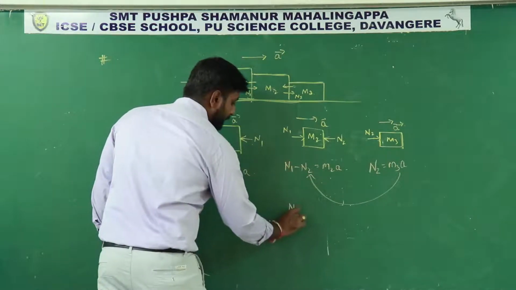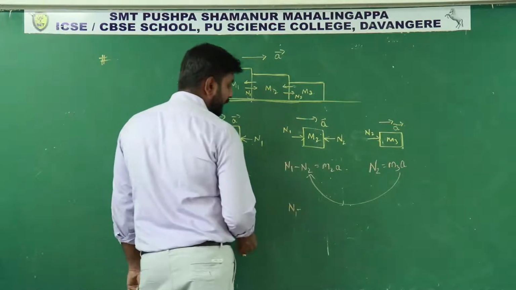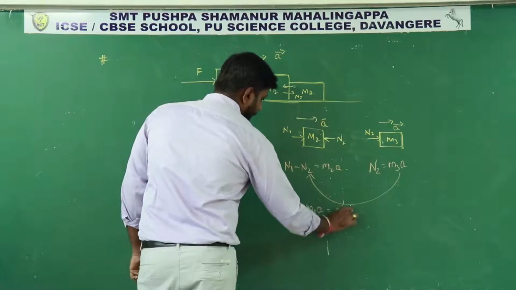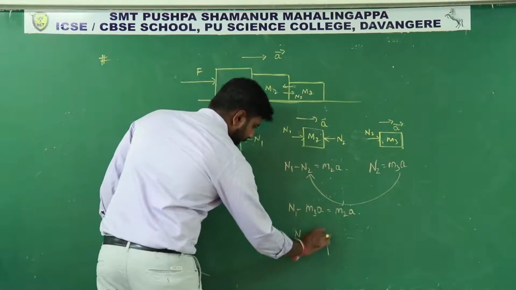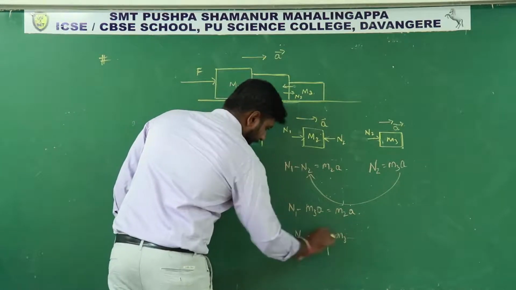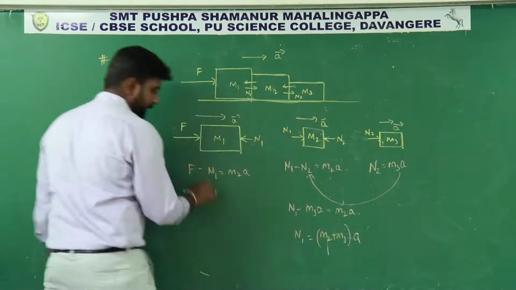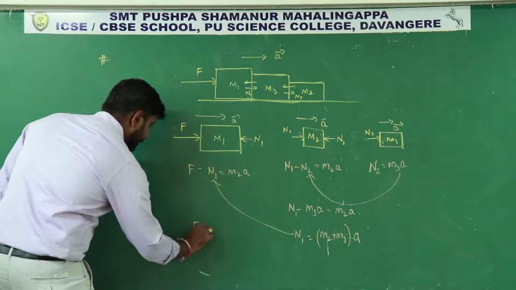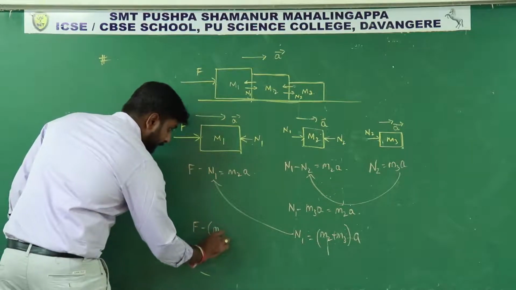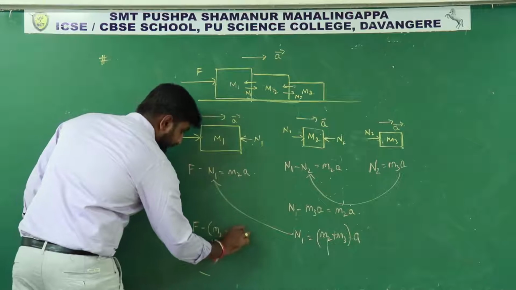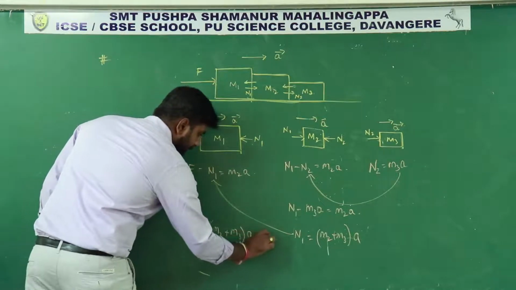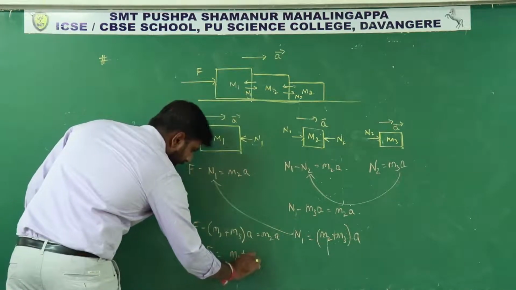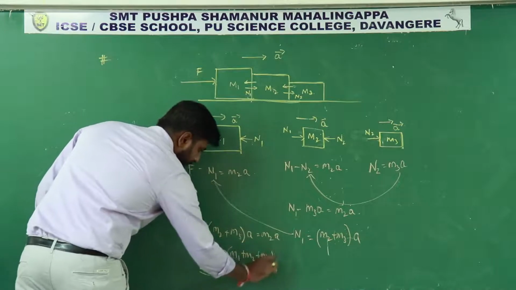Then N1 minus N2, the N2 value is M3 into A, is equal to M2 into A. Then the N1 value becomes M2 plus M3 into A. Then shifting the N1 value here, you will get F minus N1, that is M2 plus M3 into A, is equal to M2 into A. Then F equals M1 plus M2 plus M3 into A finally.